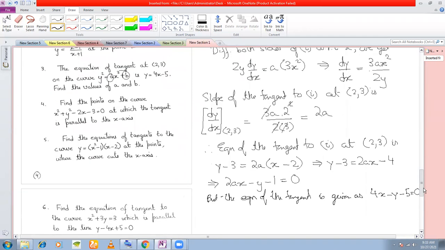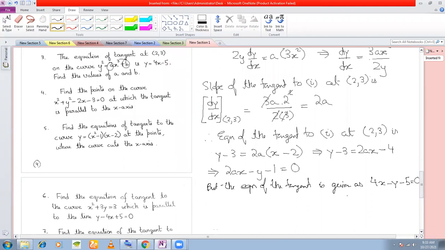But what is the equation of the tangent that you have got here? You have got 2ax minus y minus 1 is equal to 0. That means now if you compare the coefficients, the x coefficient of this divided by the x coefficient of this is equal to the y coefficient of the first one divided by the y coefficient of the second one is equal to the constant of the first one divided by the constant of the second one, right?